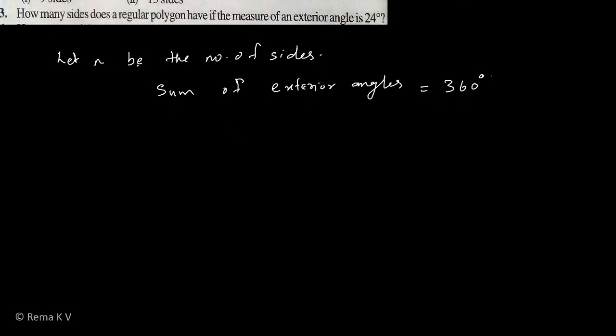Number of sides is n. So n exterior angles are there, each of measure 24 degrees. So the total measure of the angles is n into 24. This is equal to 360 and n is equal to 360 divided by 24. So it's a 15-sided polygon.